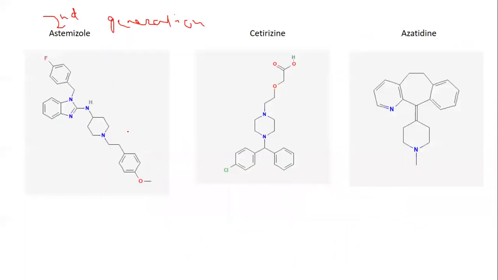If you see the basic structural aspects of different drugs like astemizole, cetirizine, azatadine, loratadine, terfenadine, you see the basic syntax of antihistaminic drugs is maintained. Okay, you see how it is maintained.